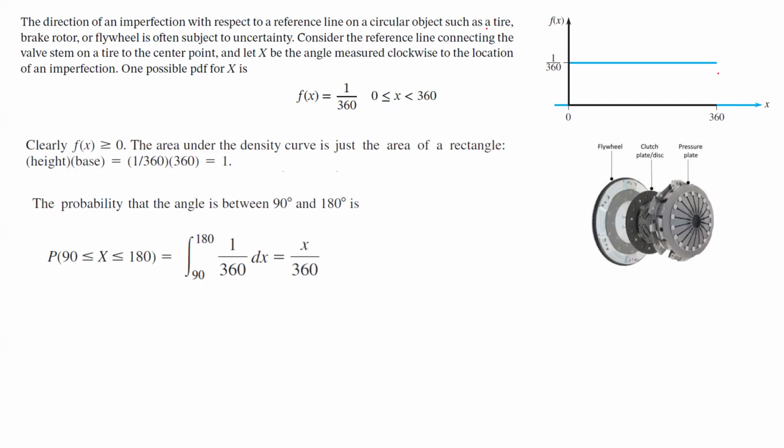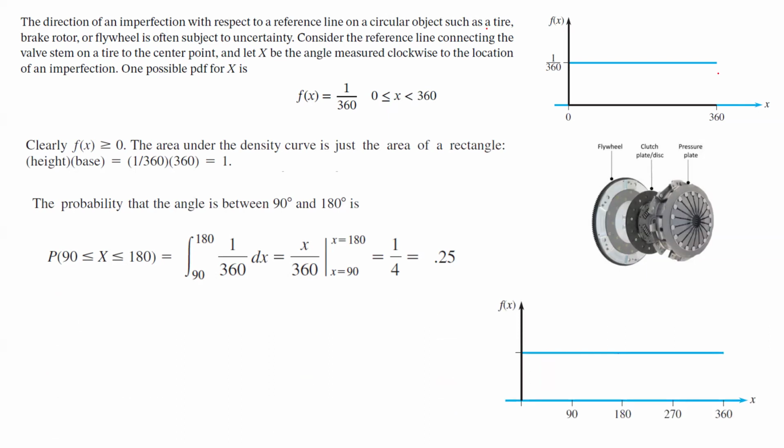This is X divided by 360, with X bounded between 90 and 180, which gives you 1/4 or 25%. So when you're looking at the probability that X is bounded between 90 and 180, you're finding this shaded region or shaded area.